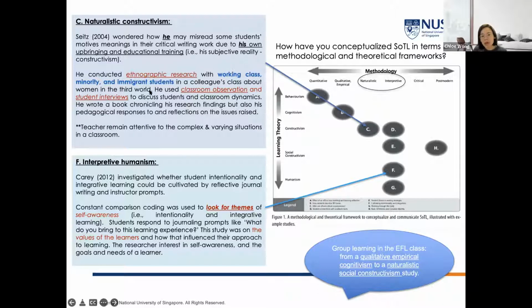And this author was doing ethnographic research, and he was trying to do a personal reflection to see whether his own upbringing, his own educational training influences the way he analyzes or evaluates his students. And I think for all of us here, that is something really valuable because we're teaching in an international university.